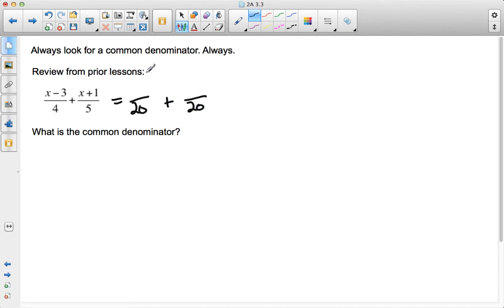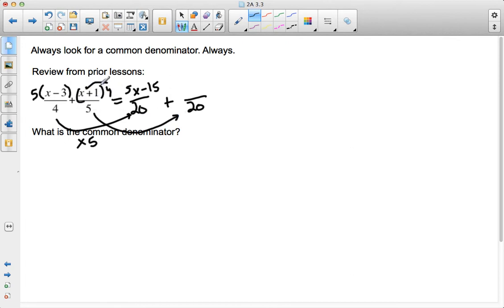Now, in order to get from 4 to 20, I had to multiply by 5, which means I'm going to have to take my numerator and multiply that by 5. Multiply everything, so I'm going to get 5x minus 15. And then for this denominator, in order to get from 5 to 20, I have to multiply it by 4.